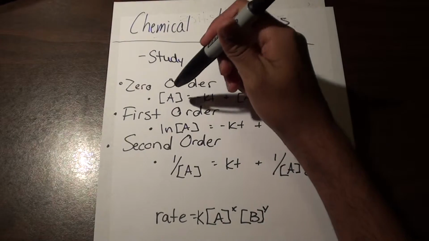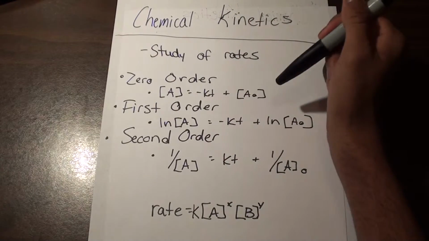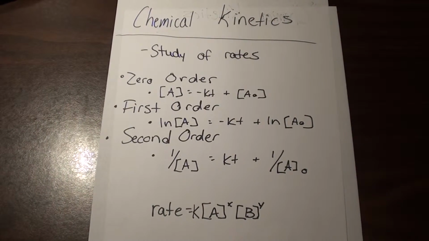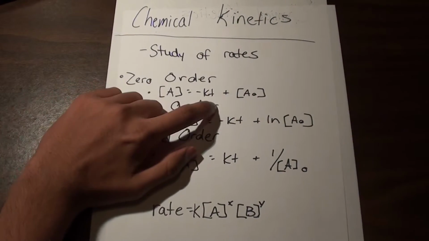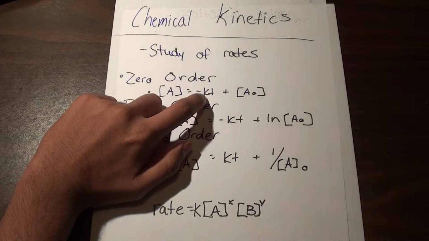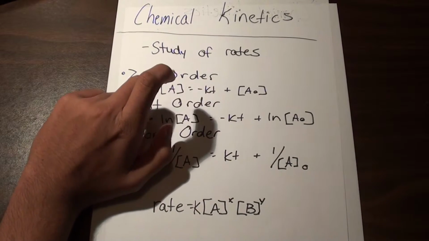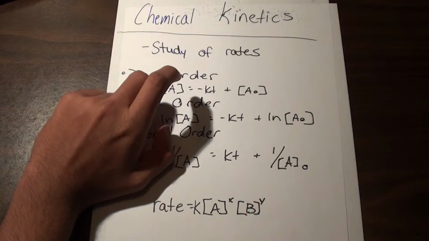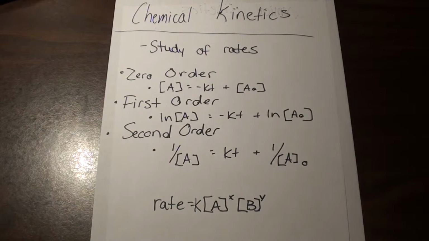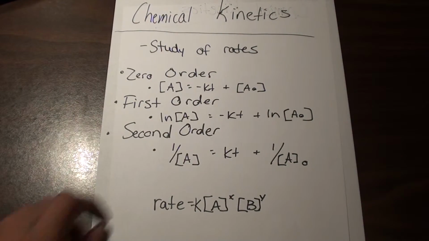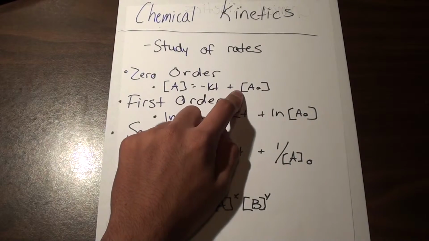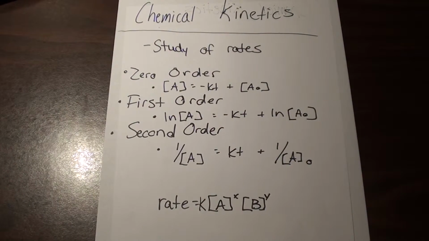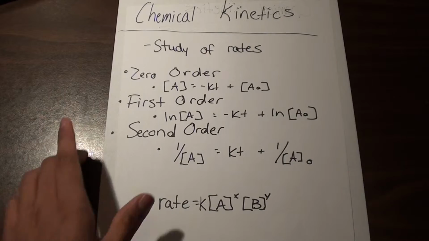So they're all y equals mx plus b, with k as your m, t as your x, and the concentration as your y. And of course, the initial concentration is going to be your y-intercept. So you can think of that as your b.